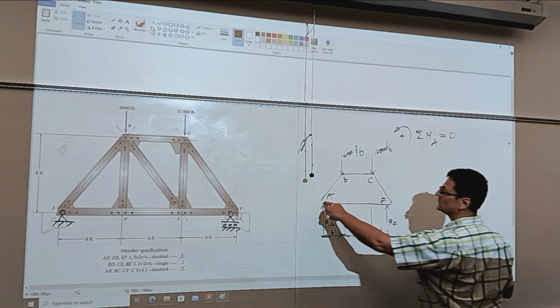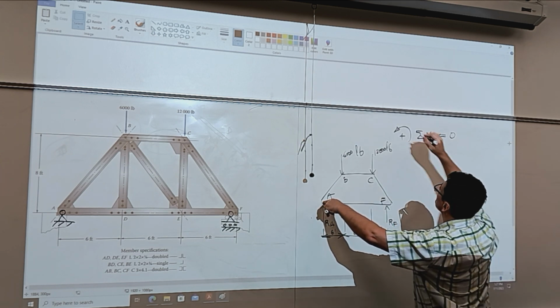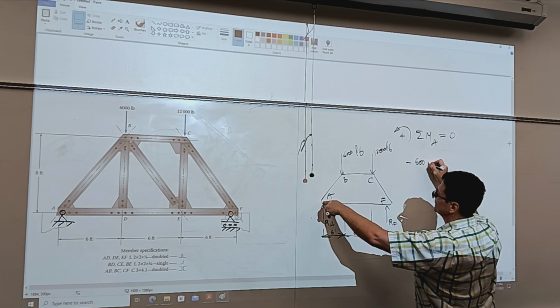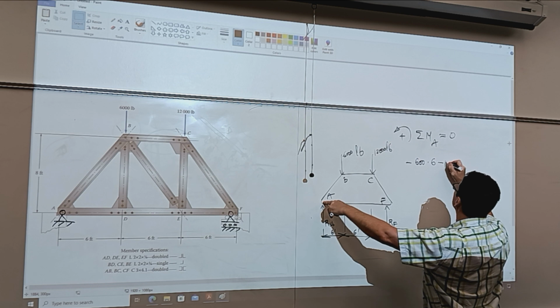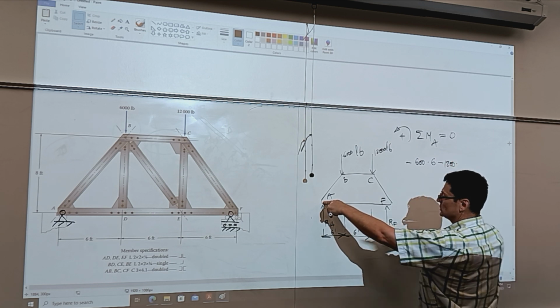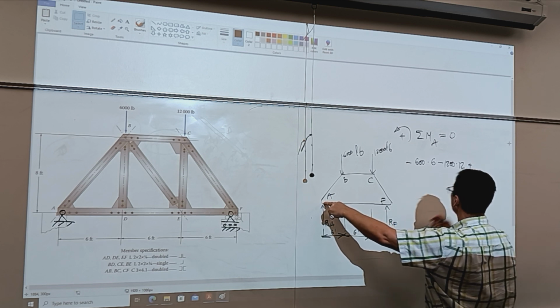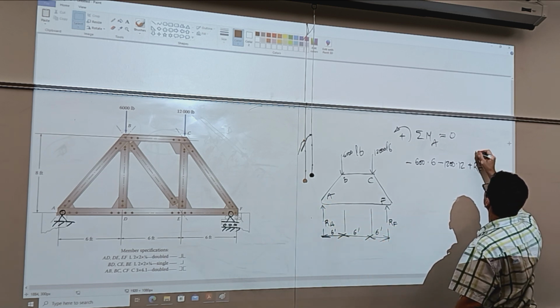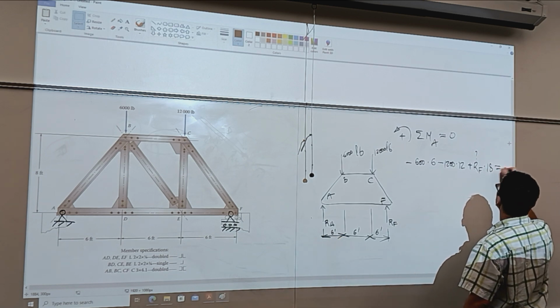So what do we write? We write negative 600 times 6 feet, and then negative 1,200 times 6 + 6, 12 feet, positive RF, which we don't know, this is the unknown in the equation, times the full length, 18 feet, equals 0.